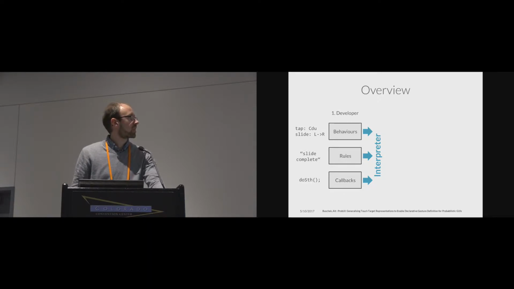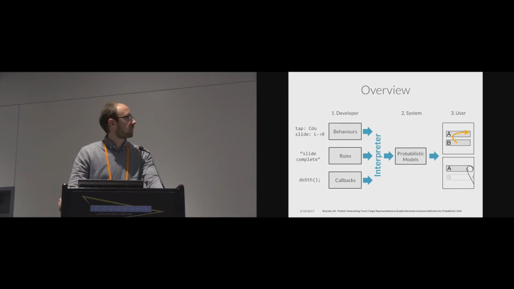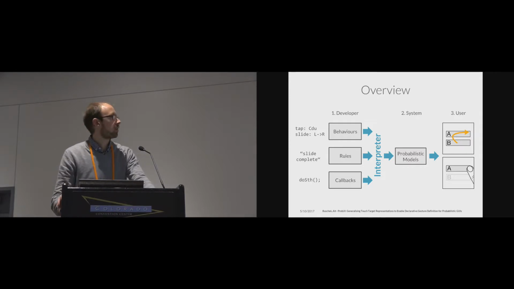And we have this interpreter that takes these elements and derives a simple probabilistic model in the background, and then on the user side, this model provides live updates during interaction and on the selected target and other things. And this could be used, for example, to just highlight the most likely target.